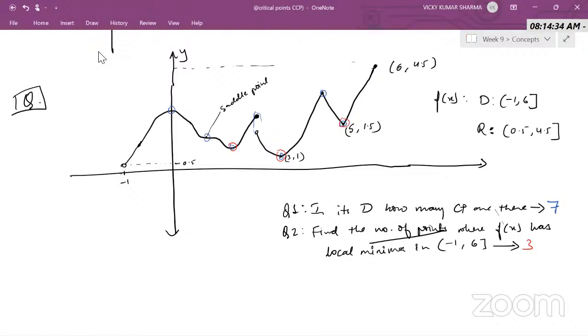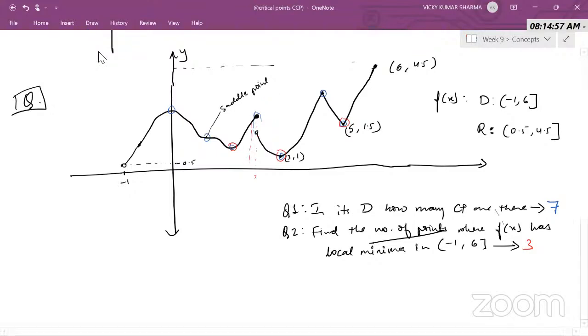Look at this part. Can this be a local minima? Look at the graph over here. Let's say this is something like 2, right? So you see this f of 2 is actually, it has to be f of 2.